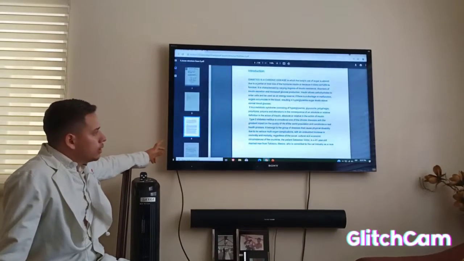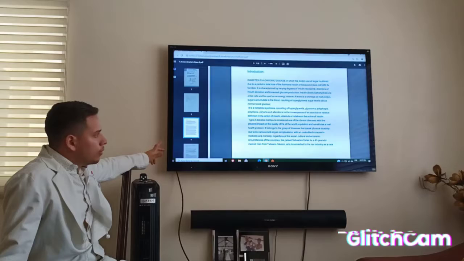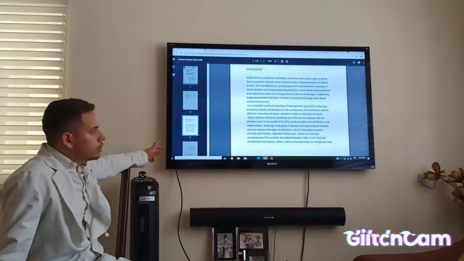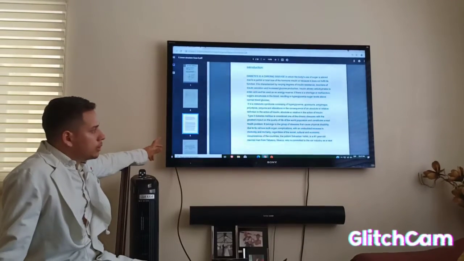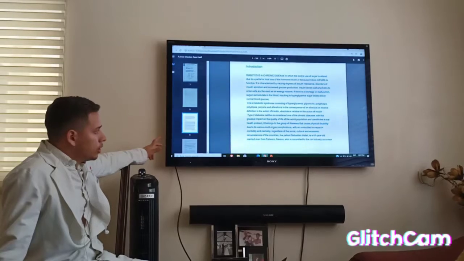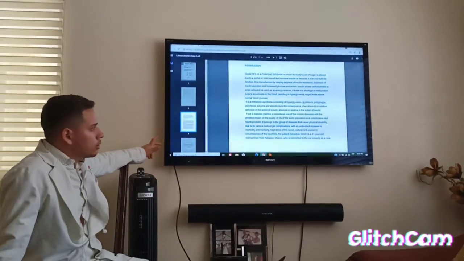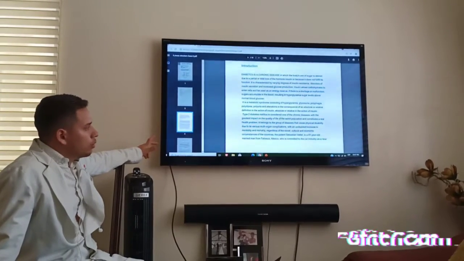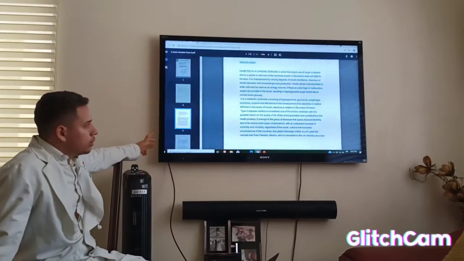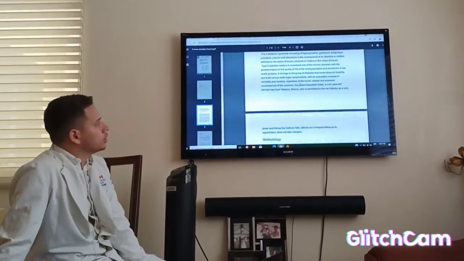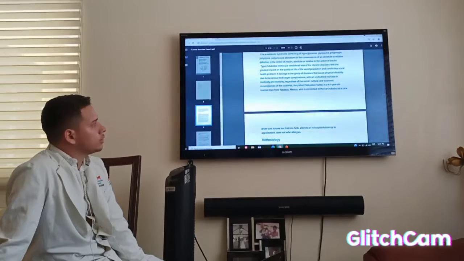It belongs to the group of diseases that cause physical disability due to multi-organ complications, with an undoubted increase in cases in many countries.